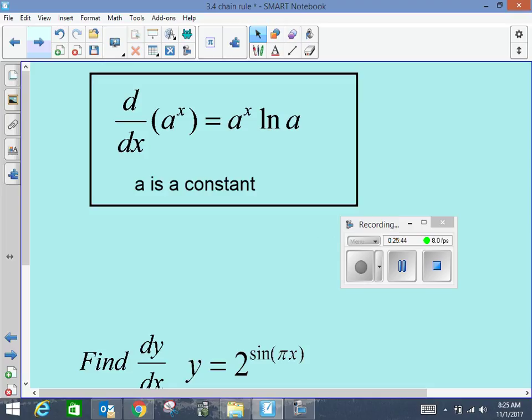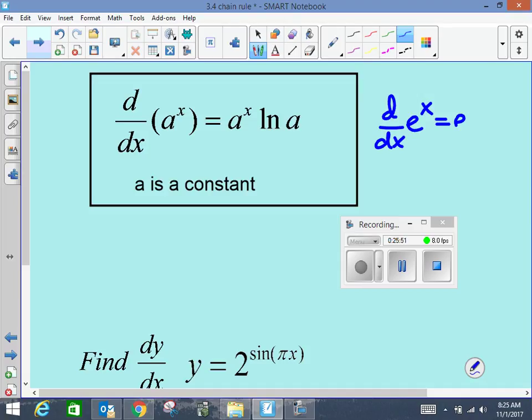Do you remember the derivative of e to the x? It's e to the x, because it's e, it's special. If a is any other constant, 5, 2, 9, 14, then the derivative of a to the x is a to the x ln a. This is another one that you add to your list with the trigs. You should have 15 now, including this.